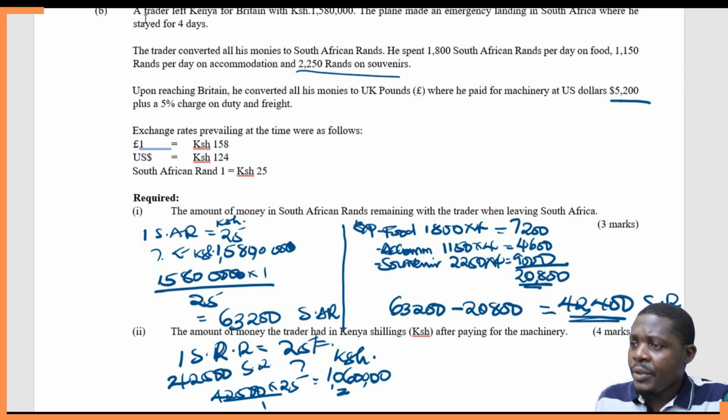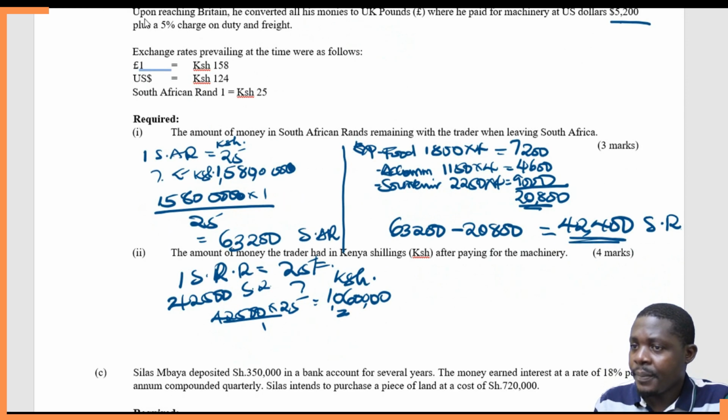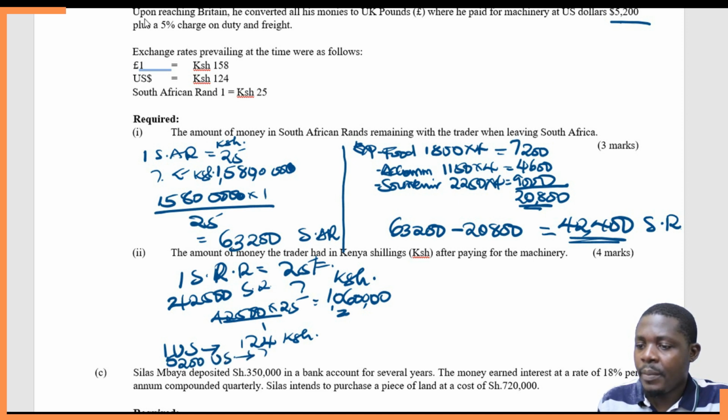Now while he was in the UK, he bought machinery at $5,200. Right now the expenditure in UK, he said that 1 US dollar is equal to 124 shillings. What about 5,200 US dollars will be how much?